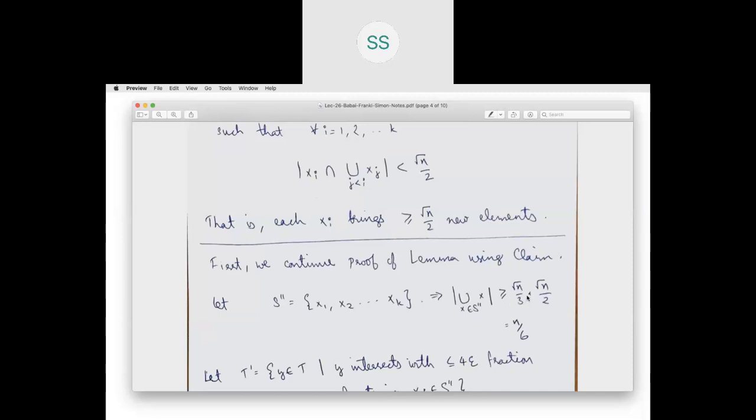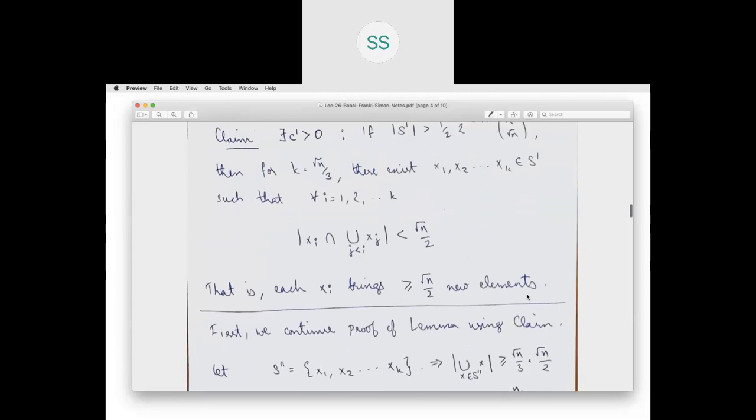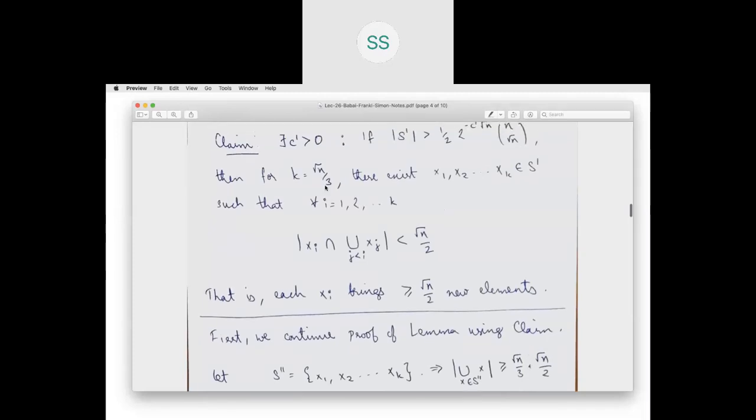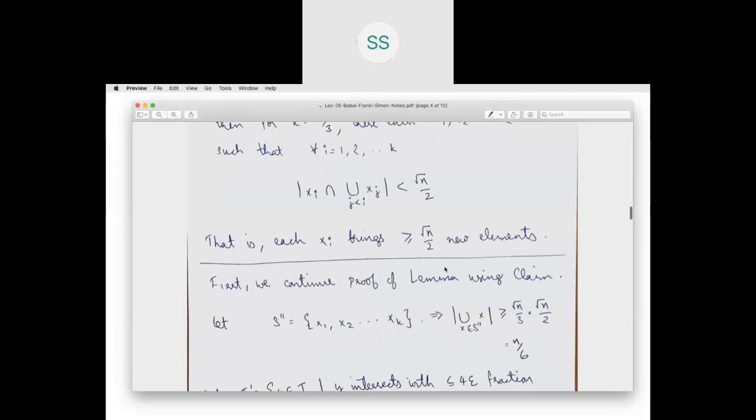And how many sets are there? The number of sets is going to be k, and k is square root n by 3. So the total number of elements in the union of sets in S dash is going to be square root n by 3 multiplied by square root n by 2, which is n by 6.